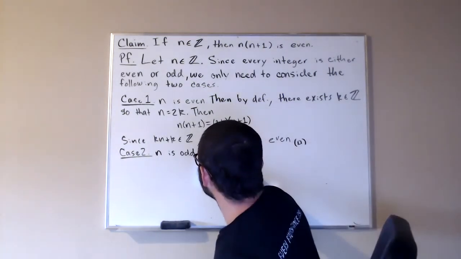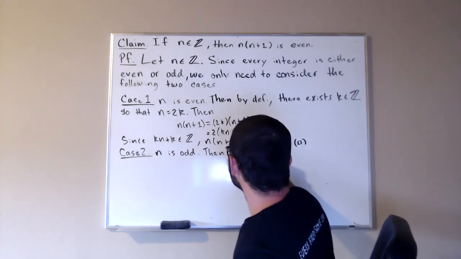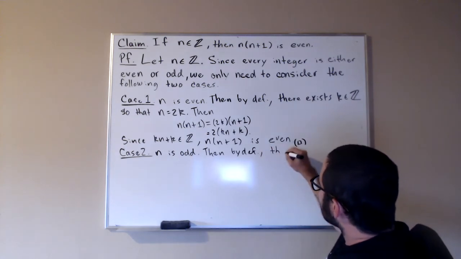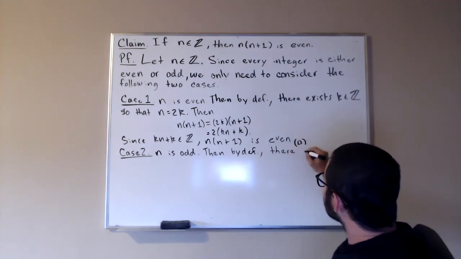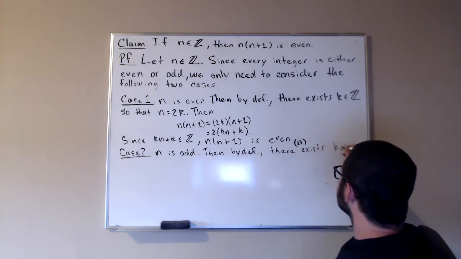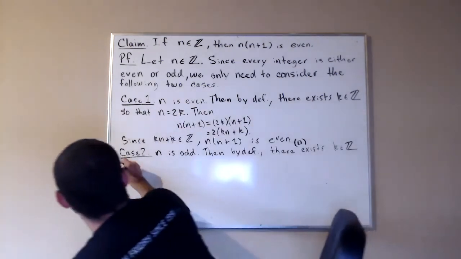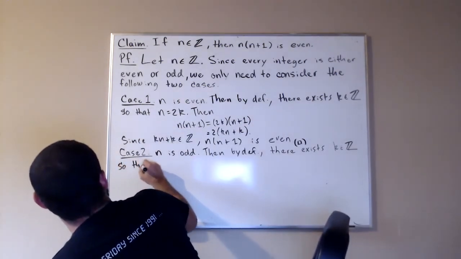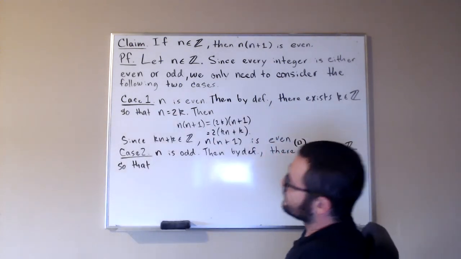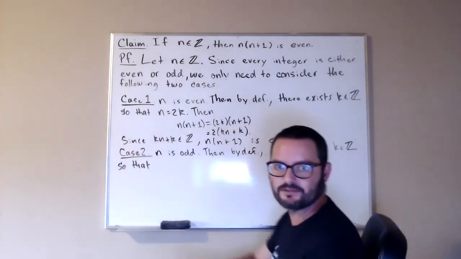So then, by definition, there exists an integer k so that, by the way, if you're writing this on your paper, there should be a distinct line, like a white space line, between case 1 and case 2.